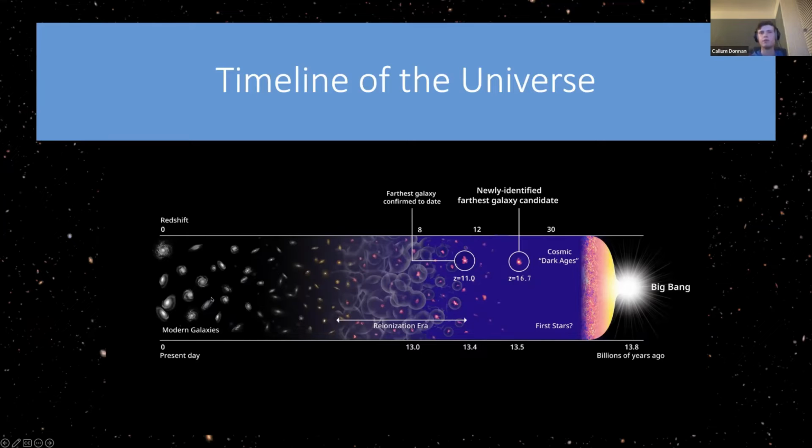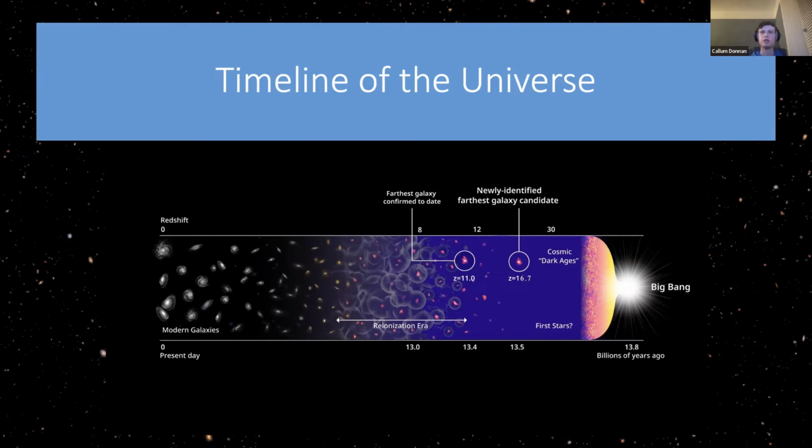But if we trace the clock back to earlier and earlier times, we see that the structure is not yet formed, and if we go back far enough, we'll get to a point where there were no stars in the universe, or we just had neutral gas. This is the era that I try to understand, and where JWST is really useful.